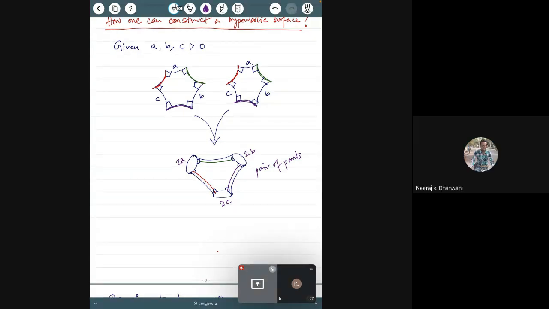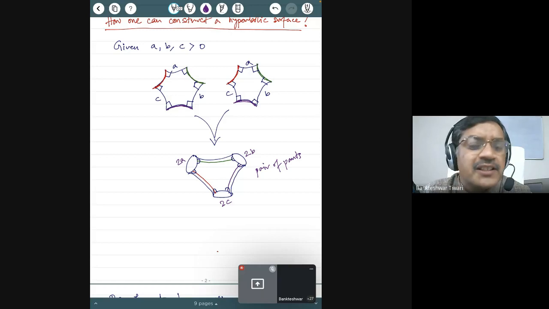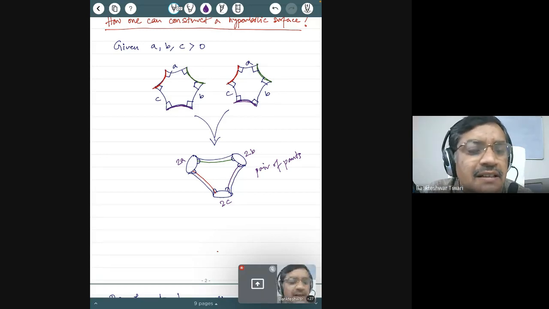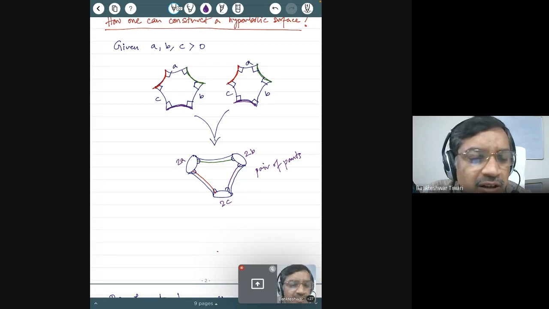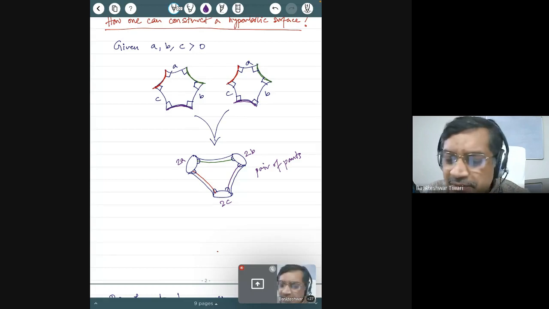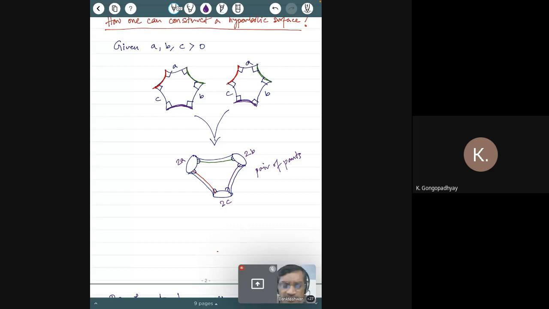Thank you, sir. Thank you for the information. So where can you find the proof of this argument, that up to isometry you get a unique hexagon for given lengths a, b, c? I think this is a standard result in hyperbolic geometry. So you can, for example, look at this book by Fenchel called Hyperbolic Geometry, or there is a book by Peter Buser.